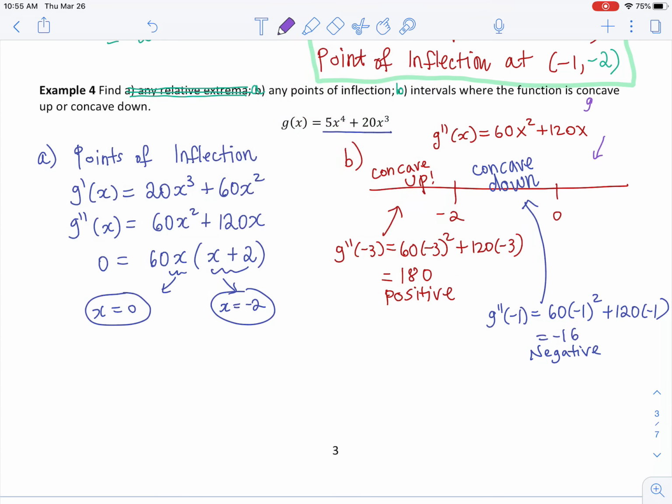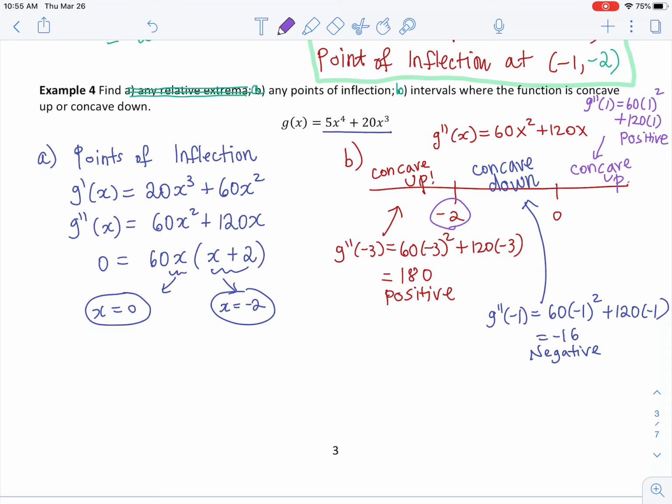Let me just find the other one. Plug in g double prime of 1. That's going to be 60 times 1 squared plus 120 times 1. And without a doubt, that's going to come out to be a positive number. So this is going to be concave up.